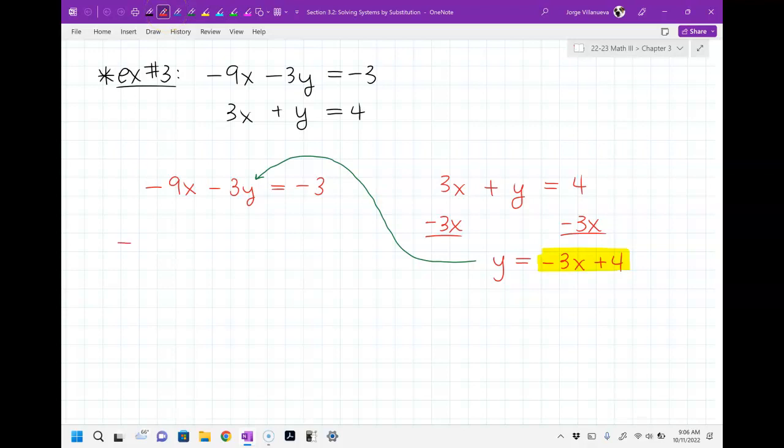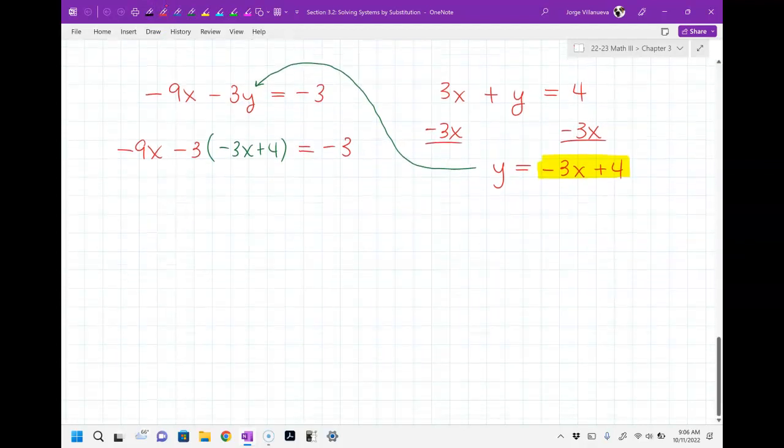So I get negative 9x minus 3, parenthesis, negative 3x plus 4, parenthesis, equal to negative 3. Again, I want to plug it in using a parenthesis so that I know that I have to multiply. If there's a negative, if there's numbers, I know that I should multiply it in.